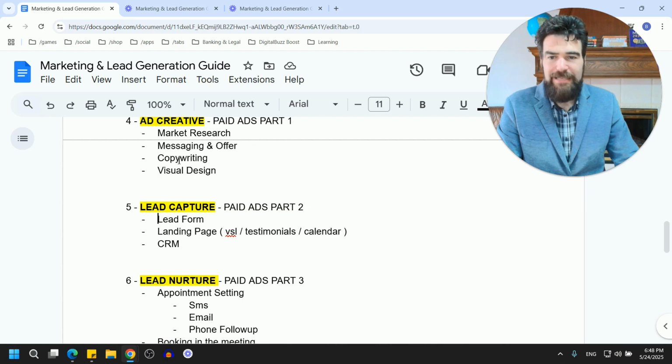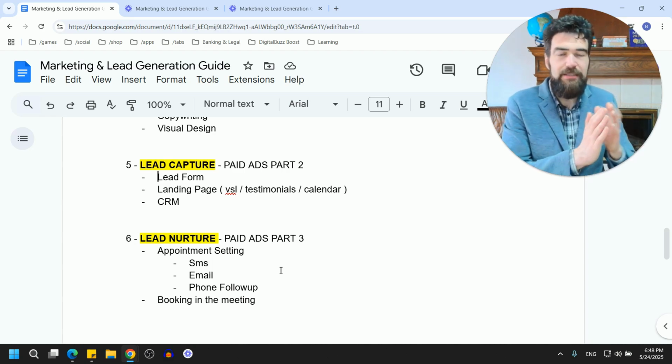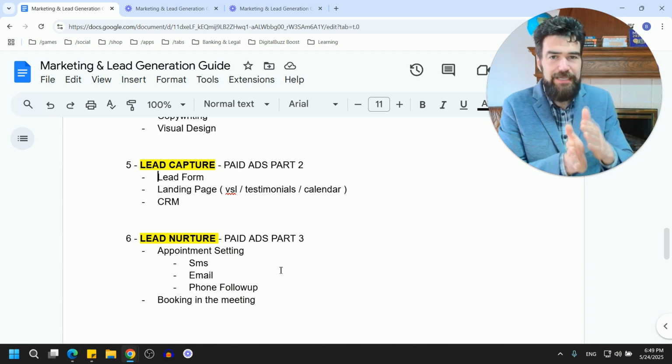So once you've made the advertisements, once you've captured the leads, now we're going to have to nurture these leads. In some cases, the leads will already have booked into the calendar. In most cases, now you're just going to have their contact details and they're going to wait for you to call them up.